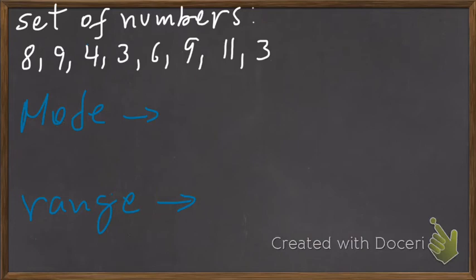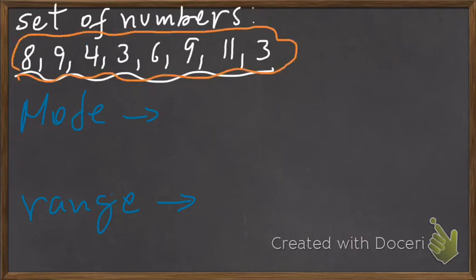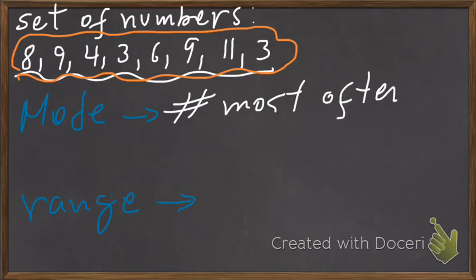Now, again, I have written the set of numbers again, Mr. Benjamin, to find the mode and the range. So recall, what was the mode? I think it's the number that appears most often. Which one will it be? I want to say it's 3, but I also see 9.